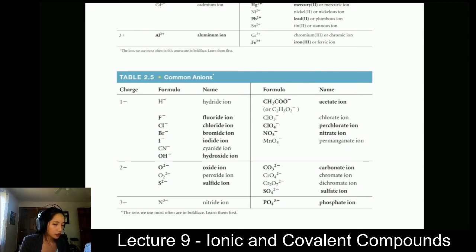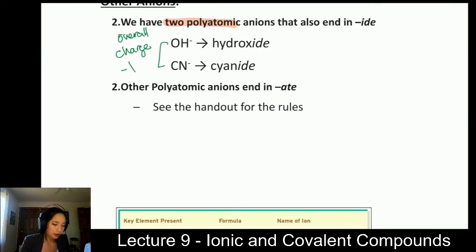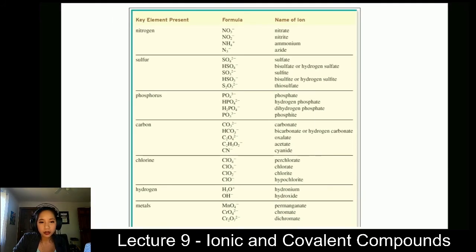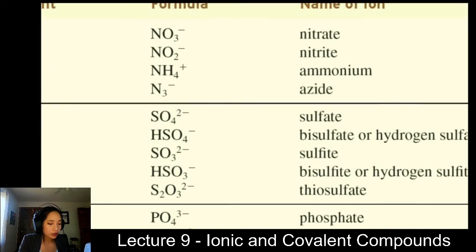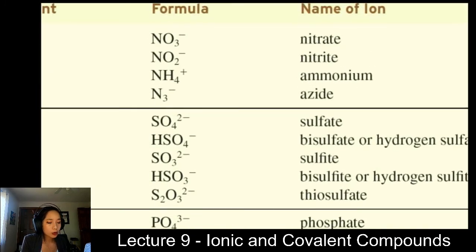I like this handout more than the one I have in the slide here. This is another list of a lot of different cations and polyatomic cations and anions. See, in each of these examples, there's more than one element involved in these species, and they're all charged. And each of these different polyatomic ions has a specific name associated with them.